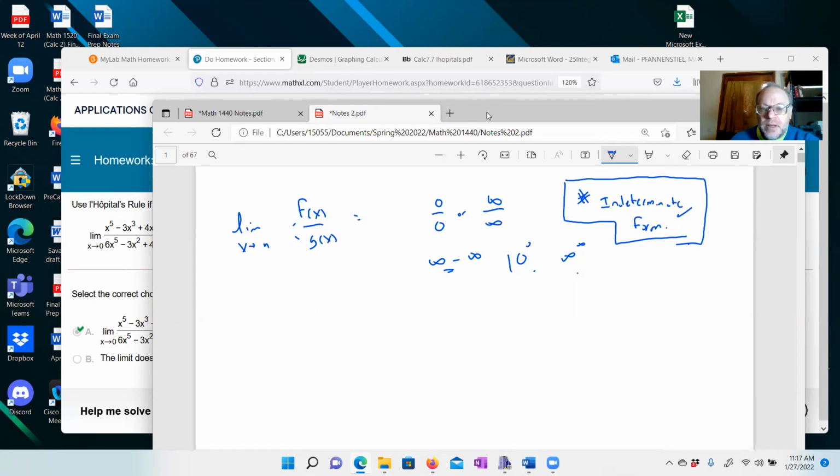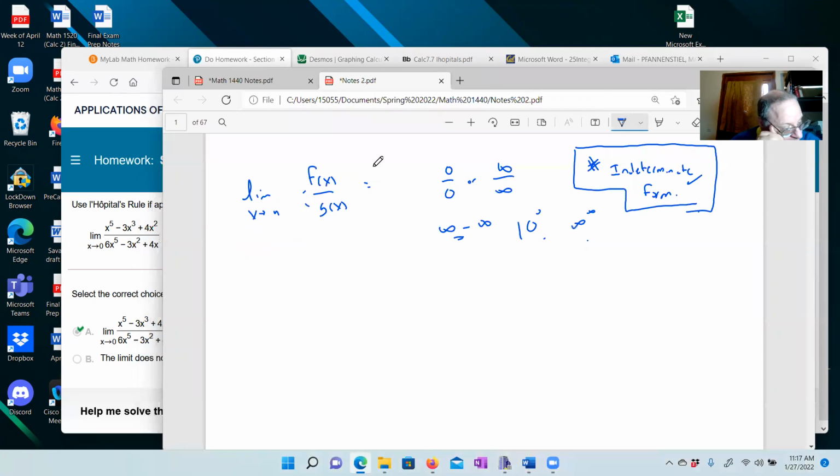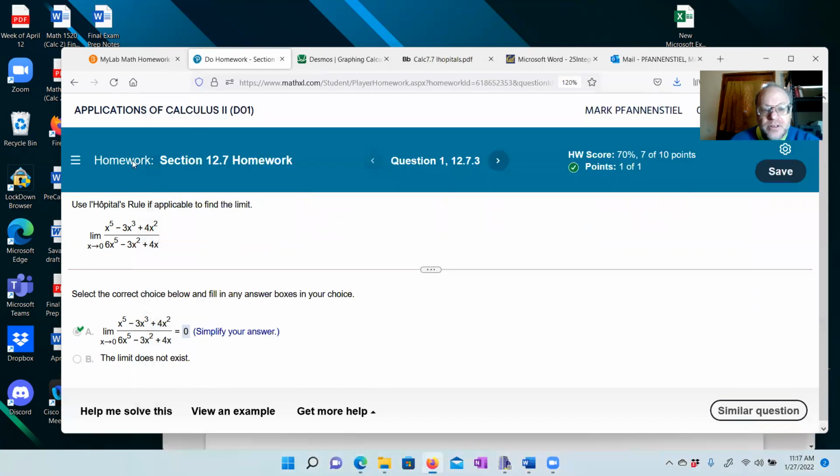Okay, so here we go. The first couple of problems are pretty tame. They're kind of nice. There's a couple of them in here that are a little tricky. The other thing about L'Hopital's is if you use it and you plug in your values and you get another indeterminate form, you have to use it again. If you do not have an indeterminate form, the limit may not exist.